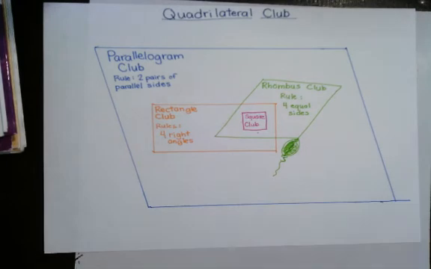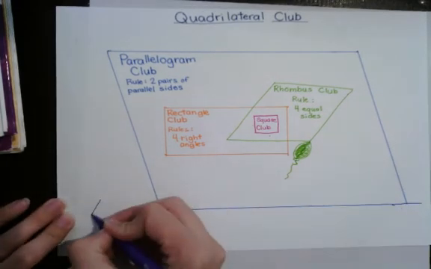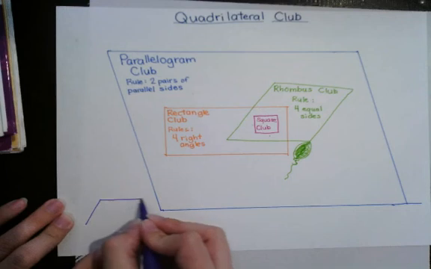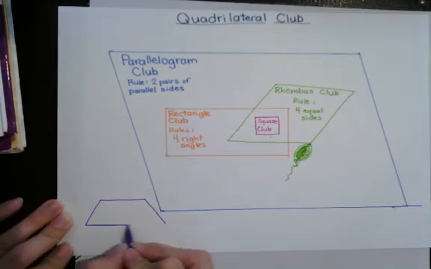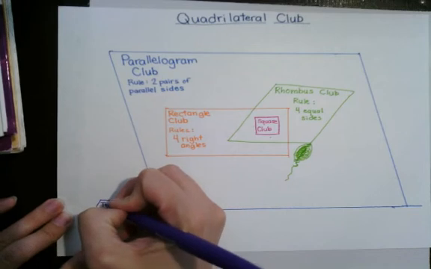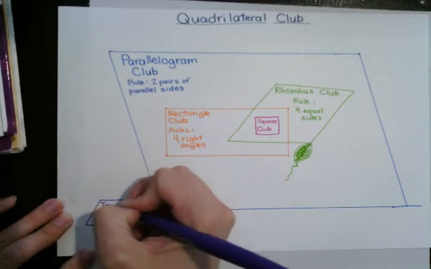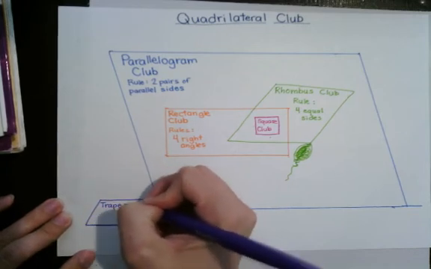Now, outside of the Quadrilateral Club, there's one more guy. He likes to hang out outside and chat it up with the bouncers. This is the Trapezoid. And the Trapezoid doesn't fit in the Parallelogram Club, but he is a quadrilateral.